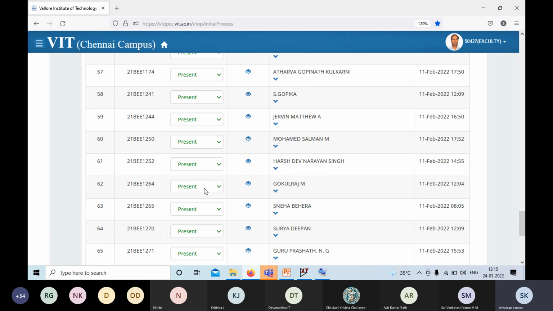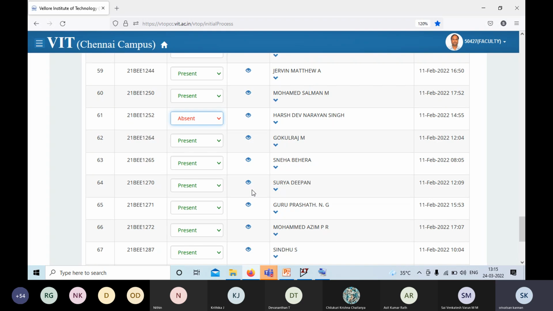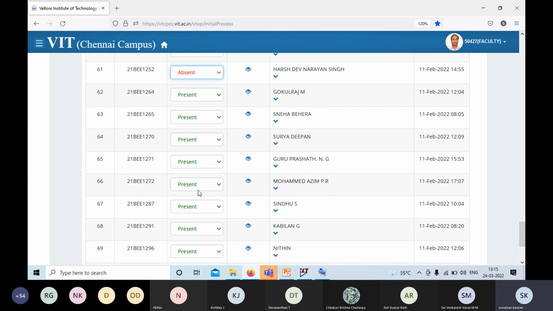Harsh Dev Narayan Singh, Harshdev, Gokul Raj, Present, sir. Neha, Present, sir. Surya Deepan, Present, sir. Guru Prashant, Present, sir. Mohammad Azim, Present, sir.